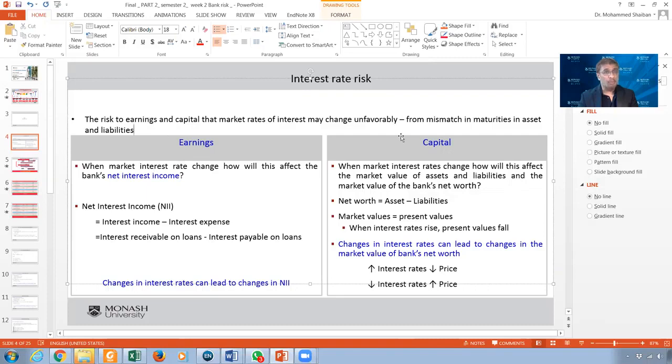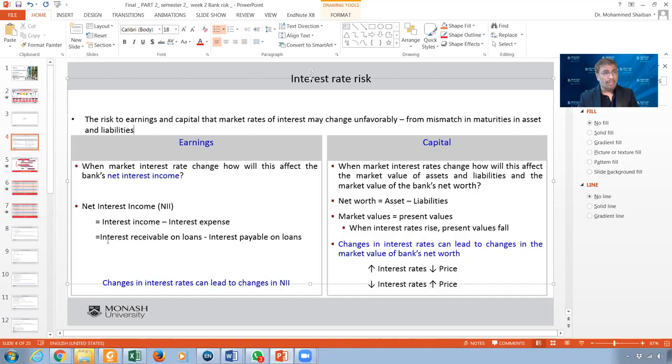Now, how does it affect the earnings, which means the income statement, the bottom line, the net income? When market interest rates change, how does this affect the bank's net interest income? Take this example. Net interest income is the interest income minus the interest expenses.